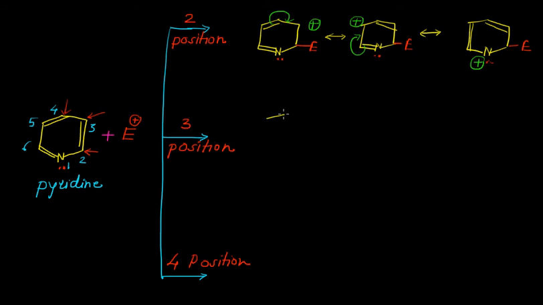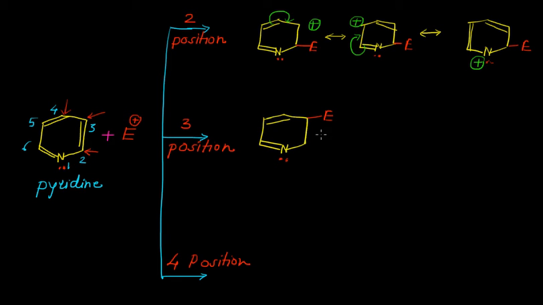So we can write the structure like that. Here we have the electrophile at position 3. The lone pair of electrons is present on this nitrogen. The other bonds will remain as they are like that.